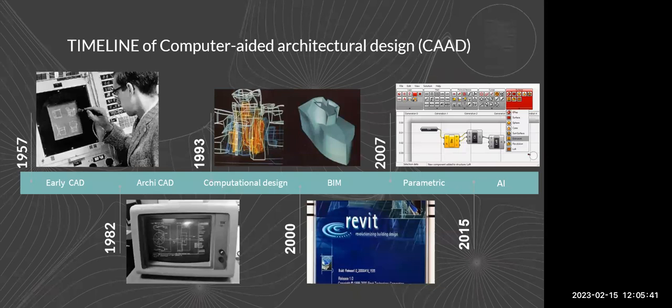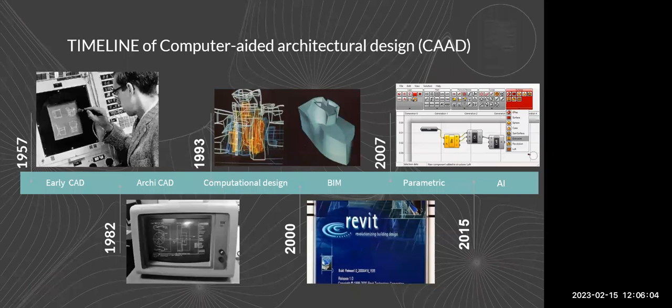Then in 1993, the boom happened when using algorithmic thinking in the works of Frank Gehry and Zaha Hadid. They based their design on algorithms or scripting and programming languages, which they used at that time, C#, to make these fluid and deconstructivist shapes.